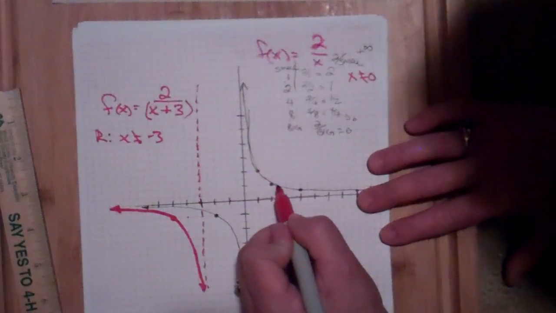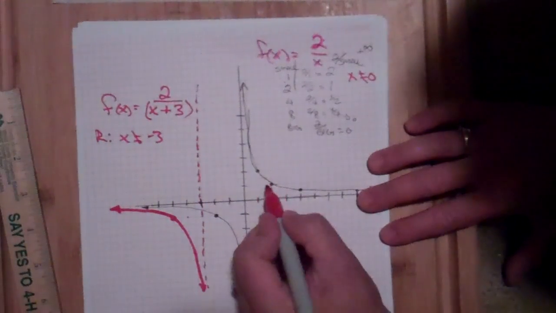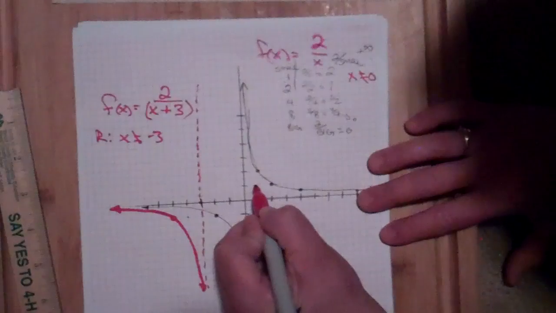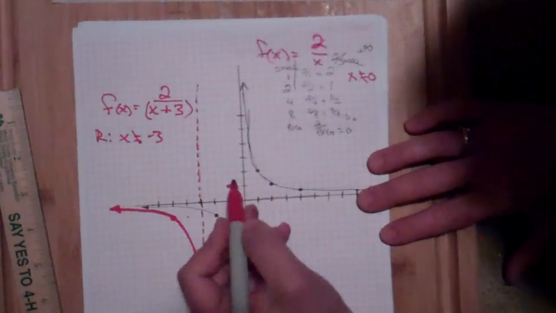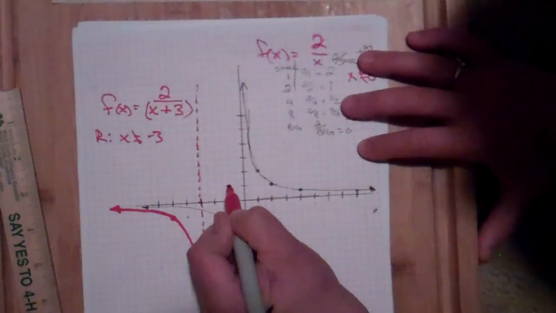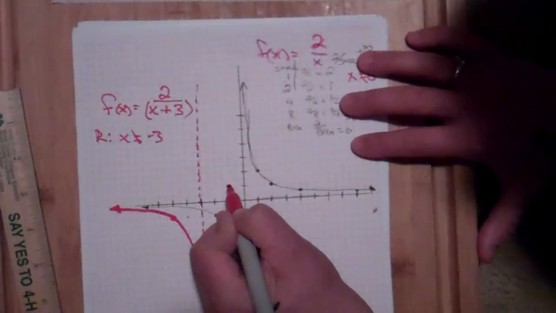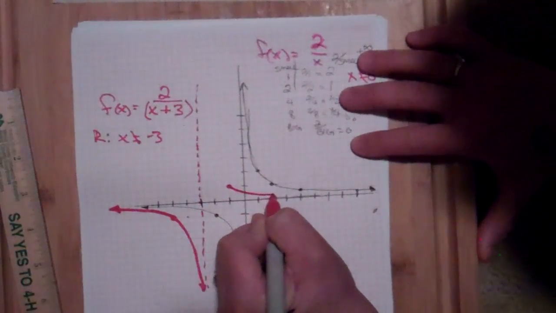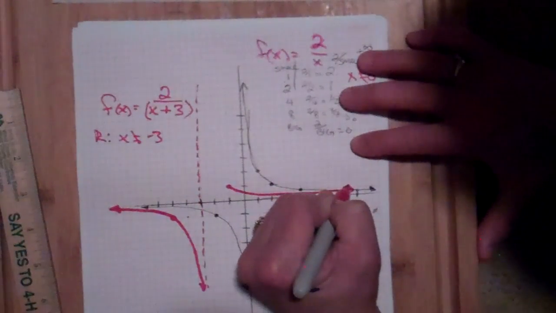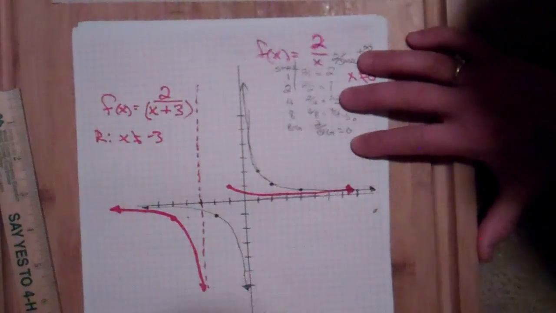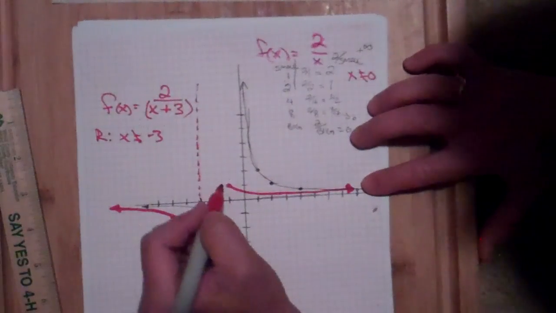The same thing is true here. At this point, which was (2, 1), has now shifted 3 units to the left. So 1, 2, 3. I will still follow the same behavior, that as I approach very large x values, 2 over a very large x value is still going to approach 0 from the top side.